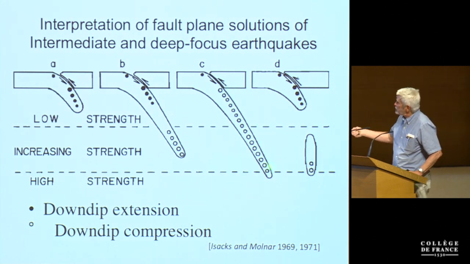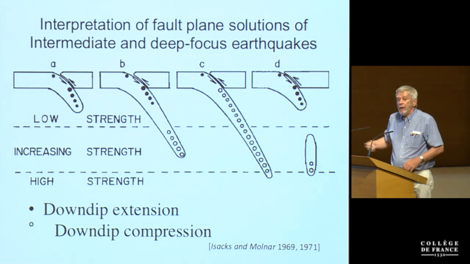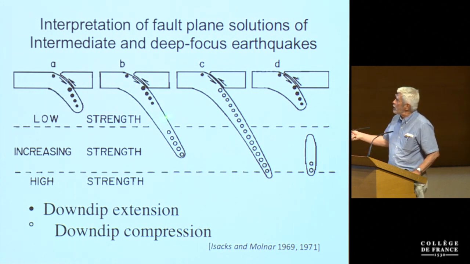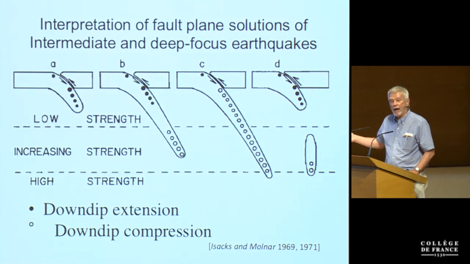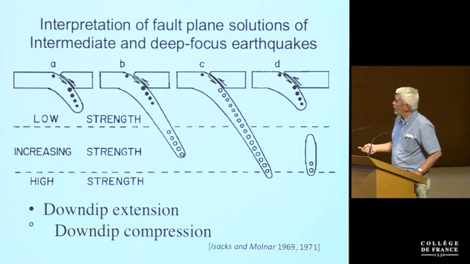Sometimes you have a slab that penetrates to great depth and it's down dip compression all the way along. In many regions, there's a gap in the seismicity, no earthquakes in the lower part of the intermediate depth range, and in this case, consistently down dip extension in the upper part.